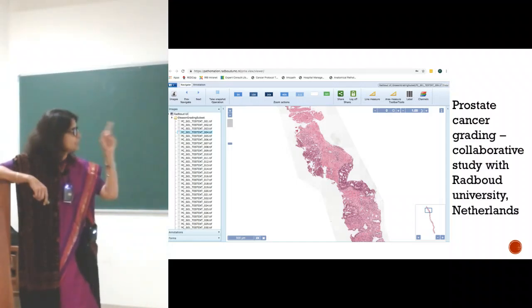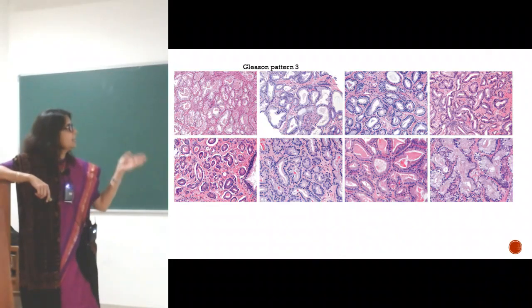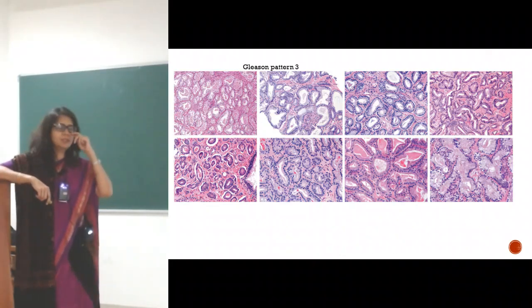And this is a study I've done with Jason Vanderlack of Radboud University. Prostate cancer is graded morphologically, looking at the pathology slide, and again treatment is different for the different grades. There are 5 types of Gleason pattern, and depending on the grade, the treatment is different.